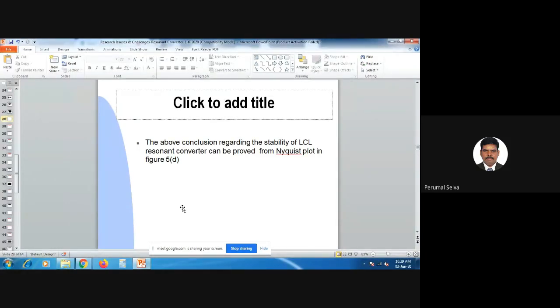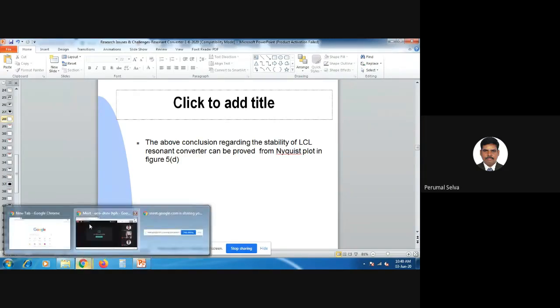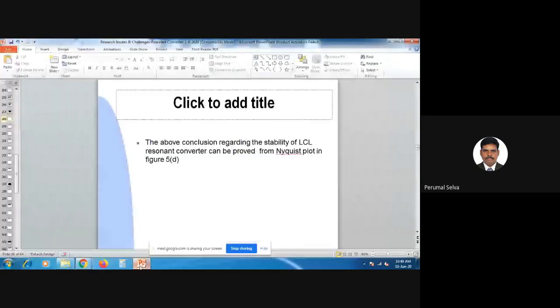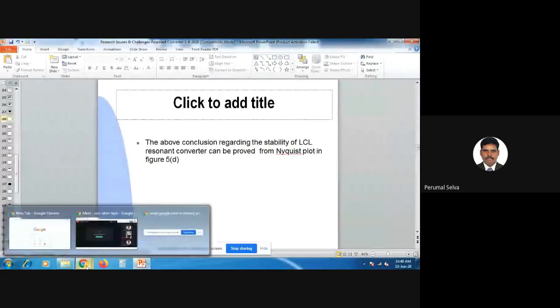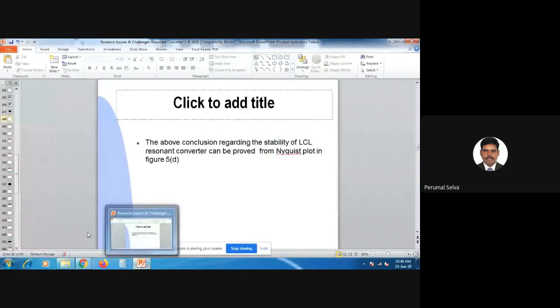For the LCL resonant converter, the solution plot converges to 0 for all initial conditions, and the eigenvalues lambda 1, lambda 2 are less than 0. So we could conclude that the solution of the equation approaches the origin as t increases, thereby said to be asymptotically stable.